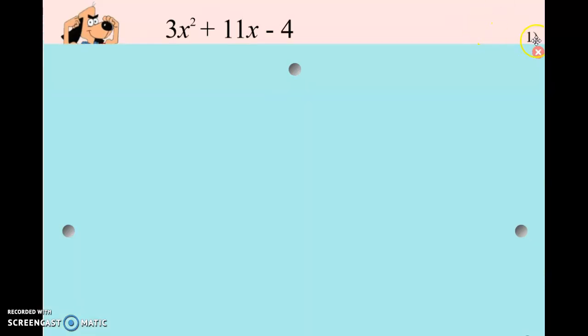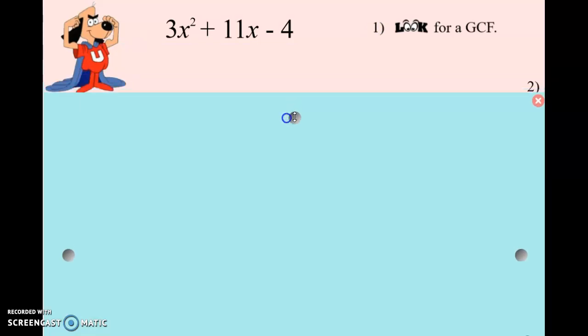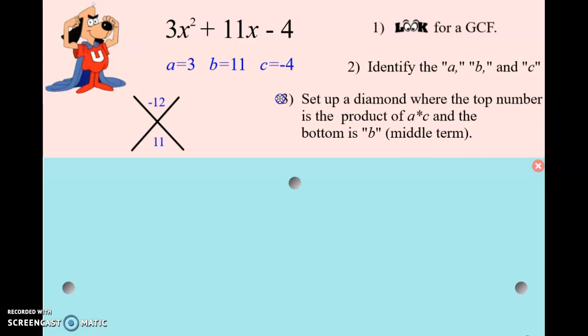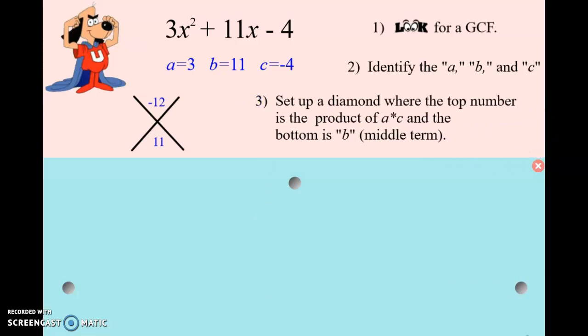We're going to guide you along in this one more time. Look for a GCF. Identify the A, B, and C terms. Set up a diamond where the top number is the product and the bottom is the B. What two numbers multiply together to get a negative 12, but add together to get an 11?